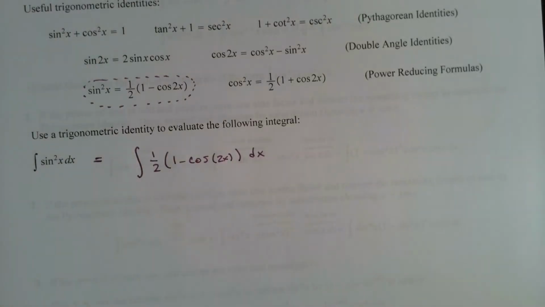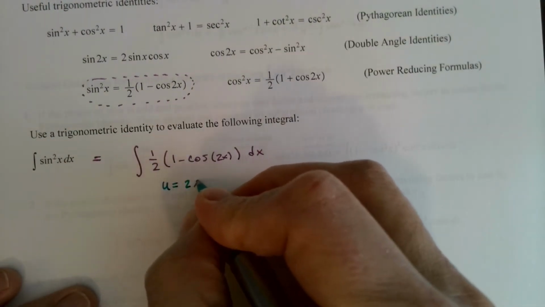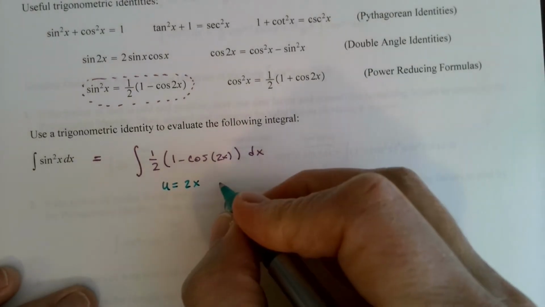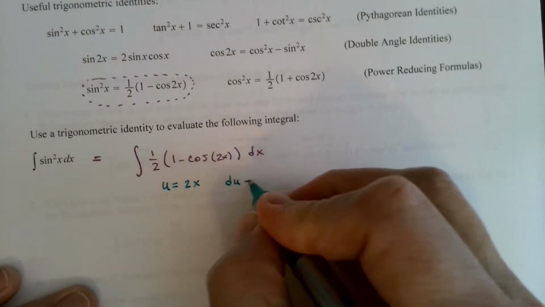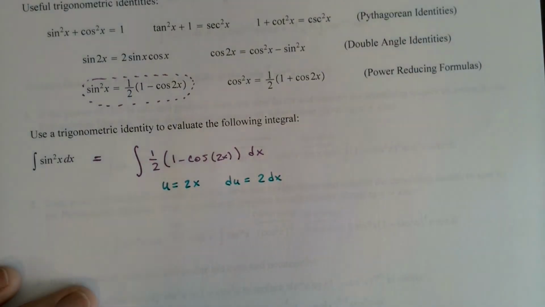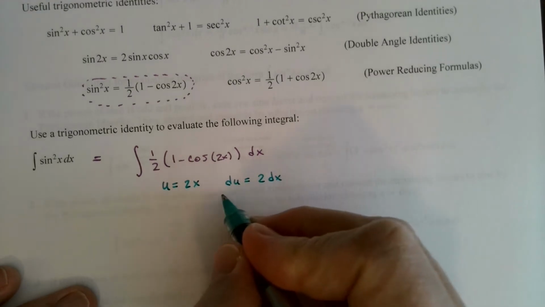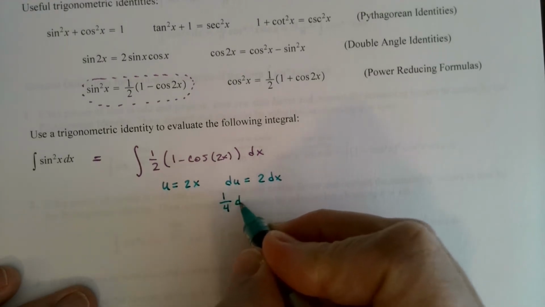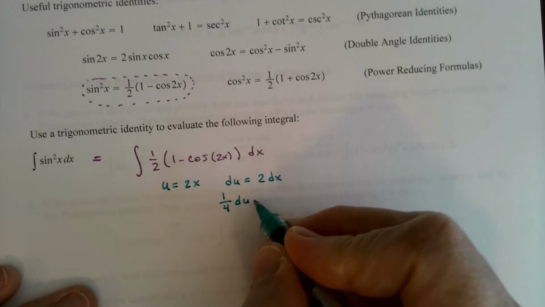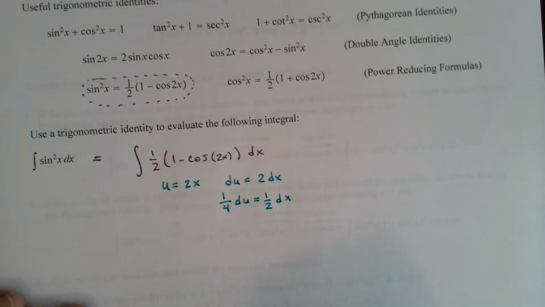But notice I can do a substitution now very simply, letting u be 2x, right? And then what is du in that case? Well, du is 2 dx. Okay. Now I have a 1/2 dx. So if I multiply both sides by 1/4, 1/4 times 2 is 2/4, which is 1/2 dx.